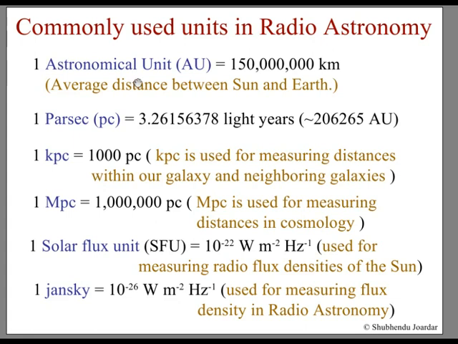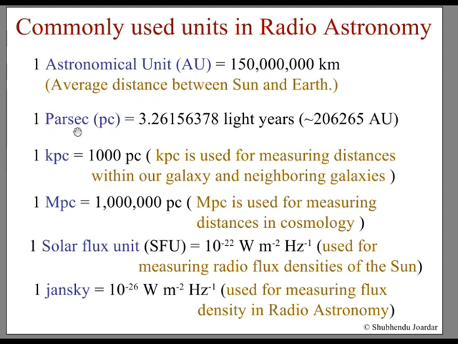Generally one astronomical unit is the average distance between the Sun and the Earth, that is 150 million kilometers. Average distance means over 1 year you can calculate the average distance, because the distance from the Sun to Earth will vary because it has an elliptical orbit, but this is the average distance.